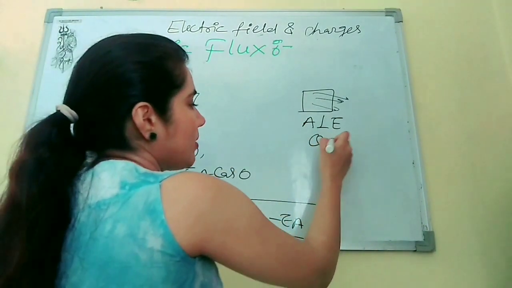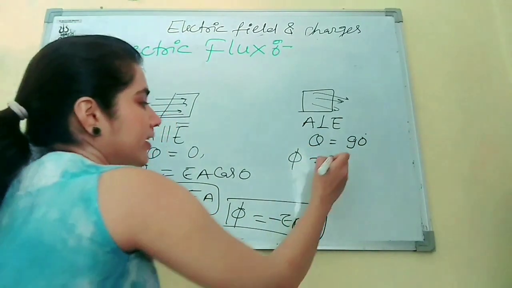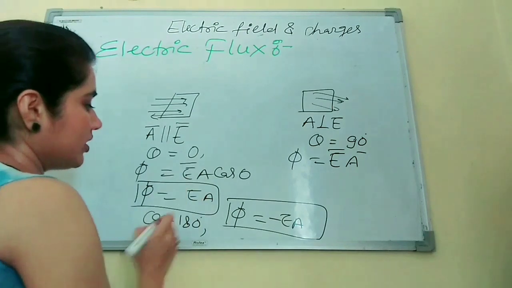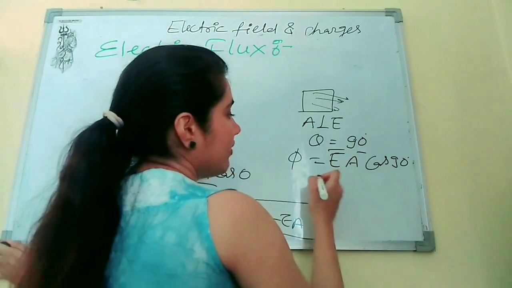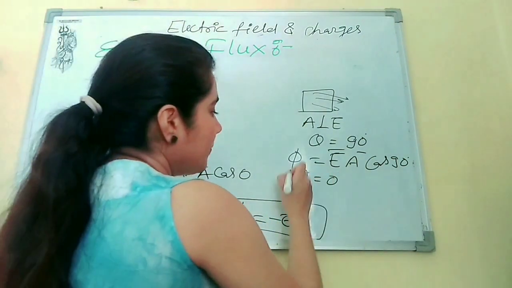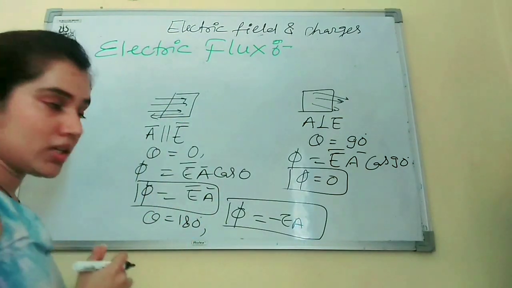Then the value of theta becomes 90 degrees, and phi is EA, that is a vector quantity, just put it like this, cos 90, and the value of cos 90 is 0, so phi will become 0. This is the very simple concept.